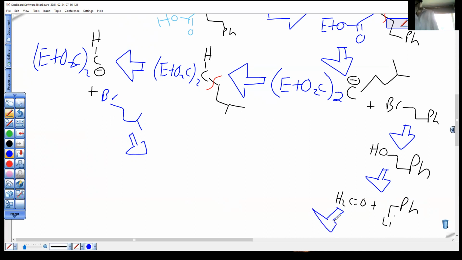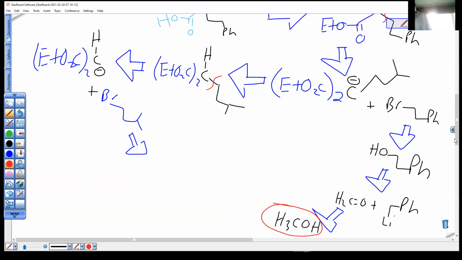That's a pretty bad looking retro arrow, isn't it? Circle that. That's not methanol at all. H3COH. Circle that.